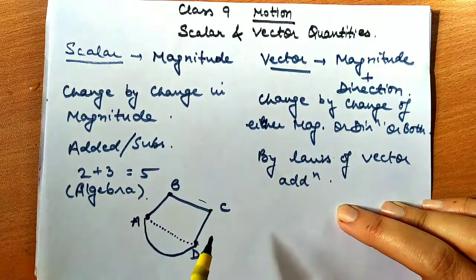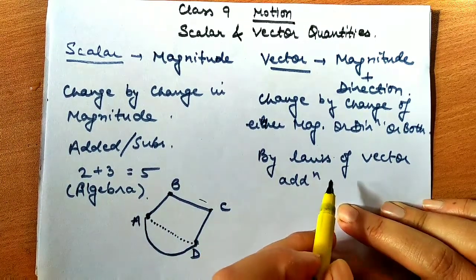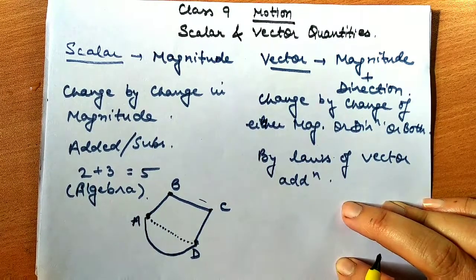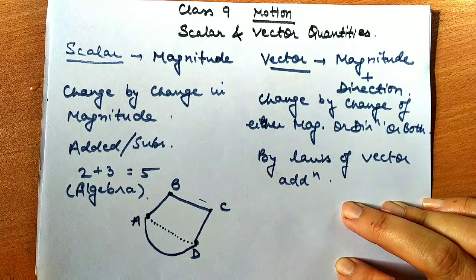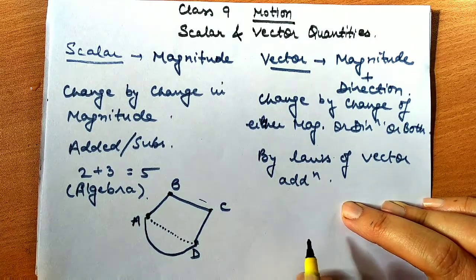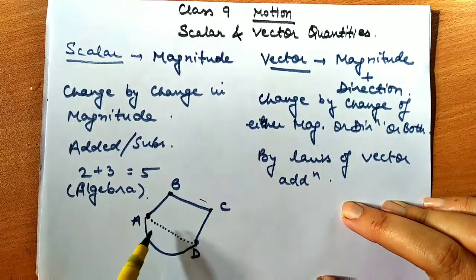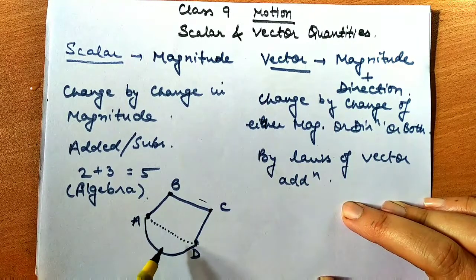Distance is always positive. Displacement can be positive, negative or 0. If I change to the reverse direction, then we can find the displacement to be negative.